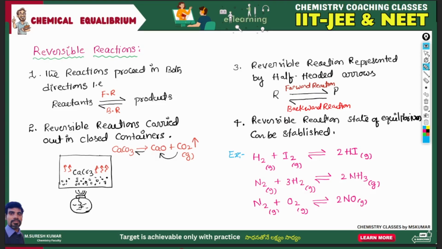One is from reactant to product, that indicates forward reaction. Product converted into reactant back indicates backward reaction. Fourth point, in reversible reactions, the state of equilibrium can be established. This is a very, very important point. The state of equilibrium can be seen only in reversible reactions.